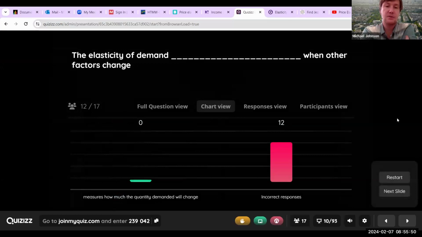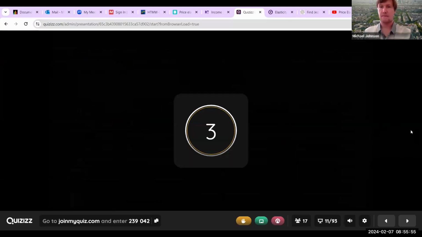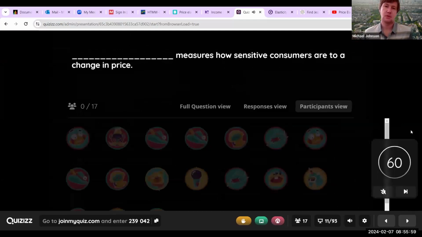So the elasticity of demand measures how much the quantity demanded will change when other factors change. So what measures how sensitive consumers are to a change in price?